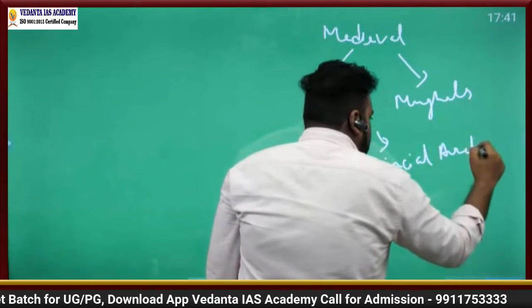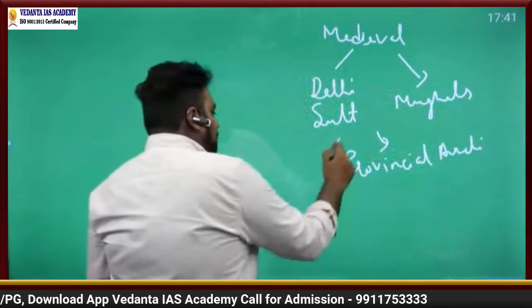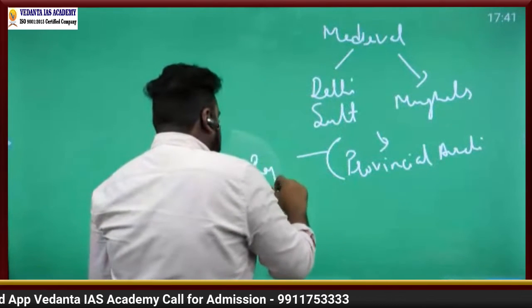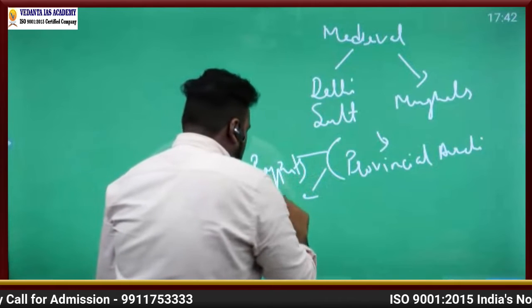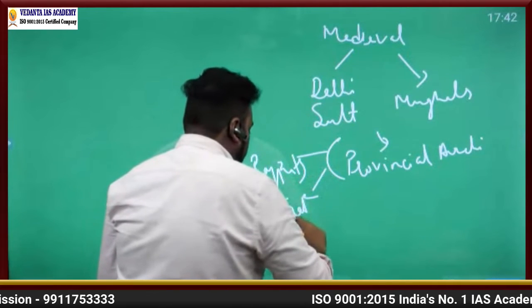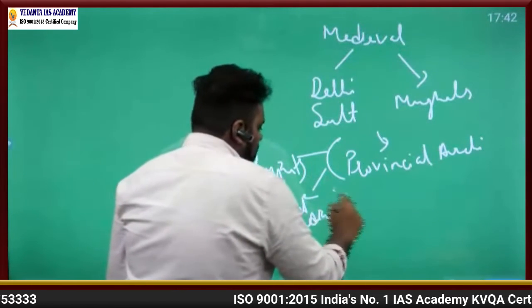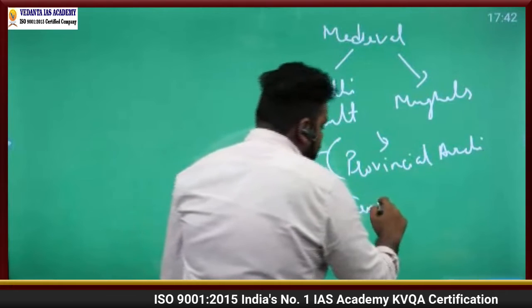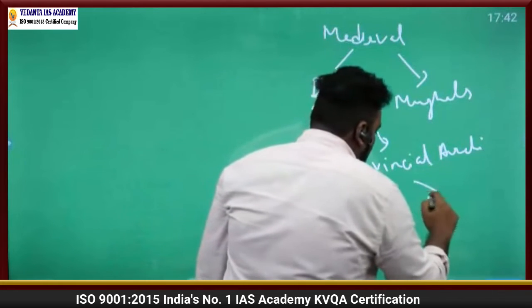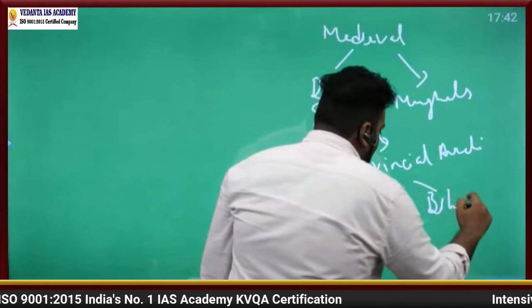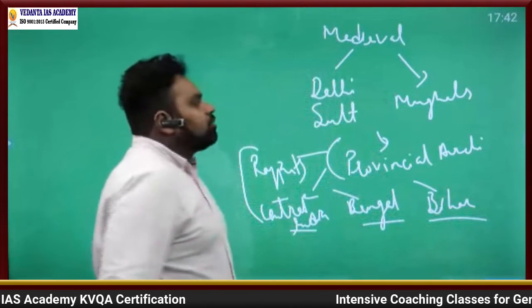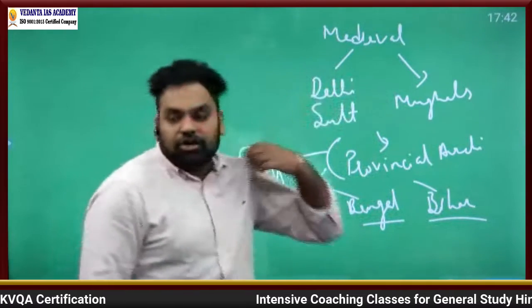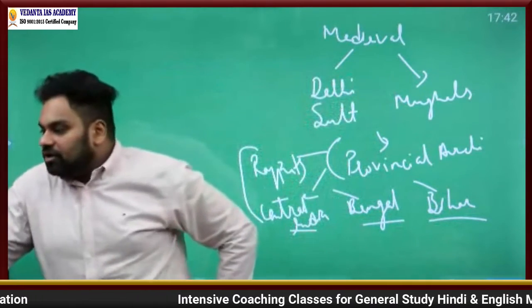Provincial architecture, like the Rajputs, how exactly they made things. Then Central India, right? Bengal, Bihar, right? So this is how exactly we are going to see the provincial architecture during the time of medieval India.